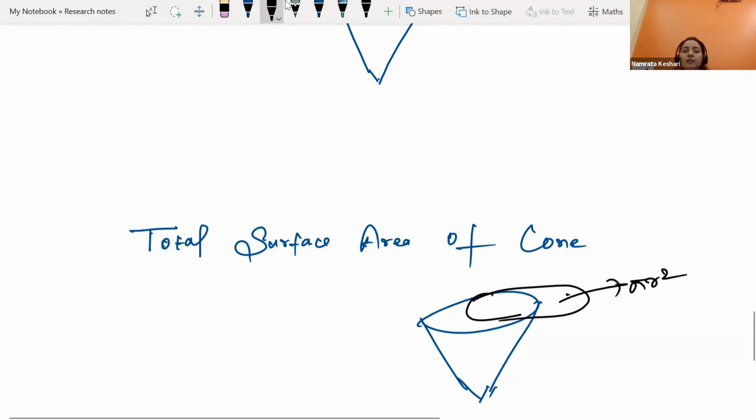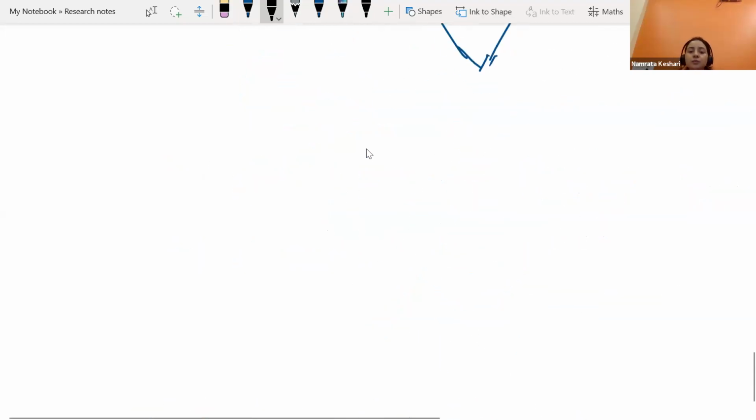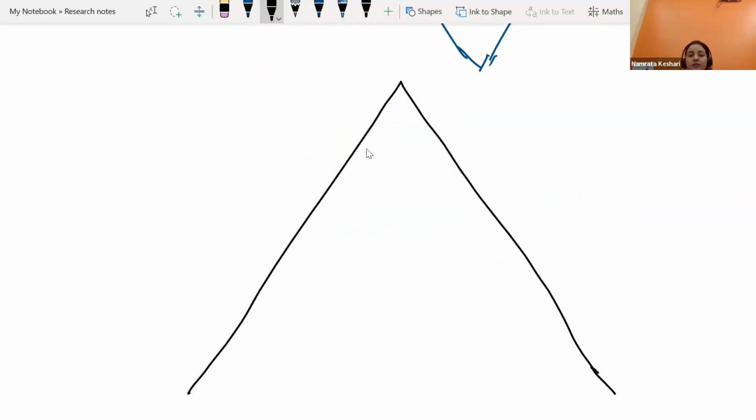So let me tell you, in cone this is called the slant height. Here you have two different heights. If I draw a cone or a tent like this, one of the heights is the perpendicular distance, this height, which from now onward we are going to call h.